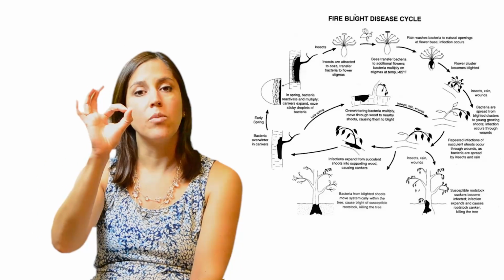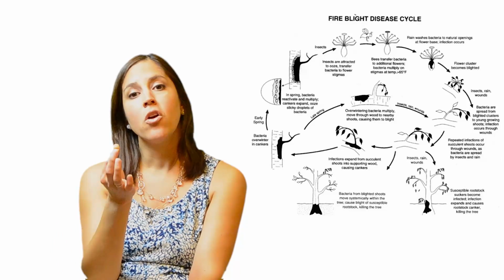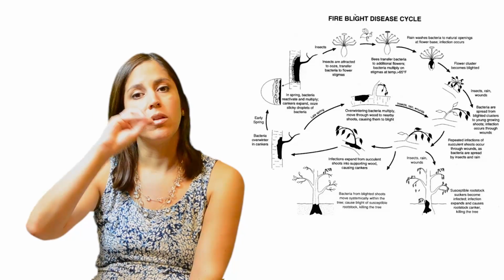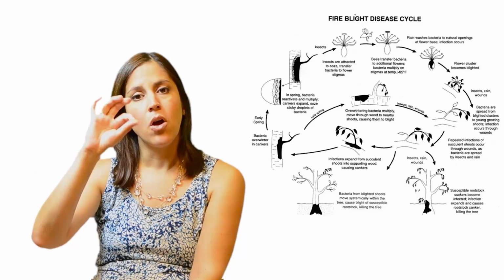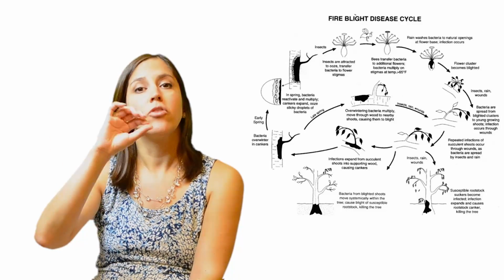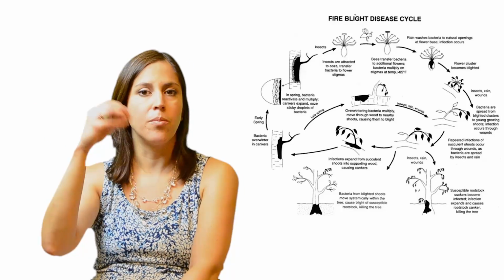From there, the bacterium slowly starts moving into the xylem of the plant, and it causes the new growth at the ends of the tree to start dying out. You can see all the necrosis, and it looks burned.